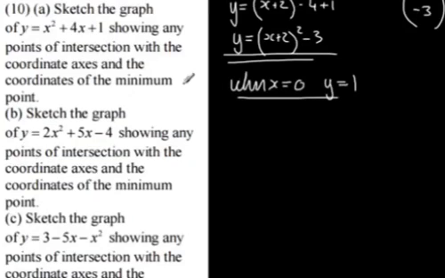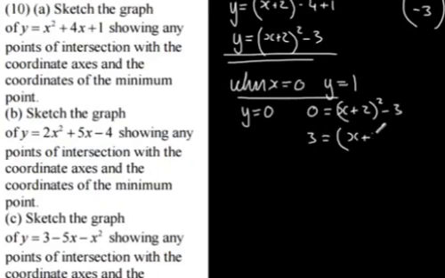What we now need to consider is when y is equal to 0. In the last video we looked at this. So when y is equal to 0, we will have 0 equal to x plus 2 all squared minus 3. So we need to solve this equation, adding 3 to both sides. We've got x plus 2 all squared equal to 3.